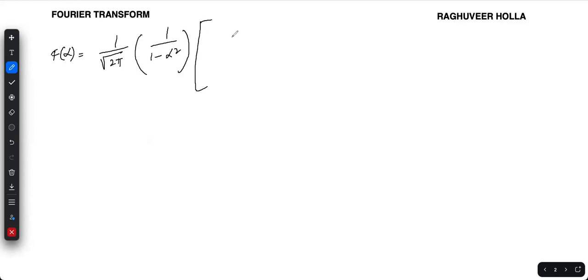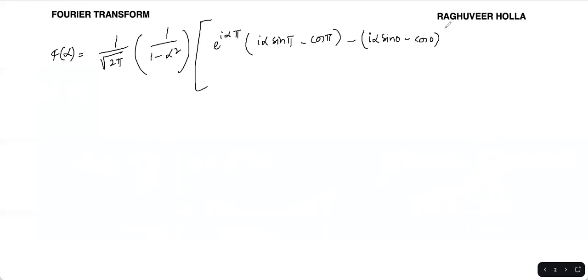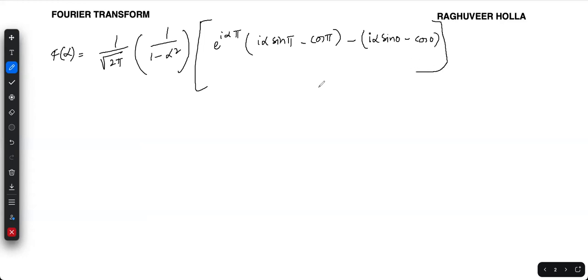I have e to the power of i alpha pi, which I'll be substituting: i alpha sine pi minus cos pi, minus e to the power of 0, which is 1, times i alpha sine 0 minus cos 0.